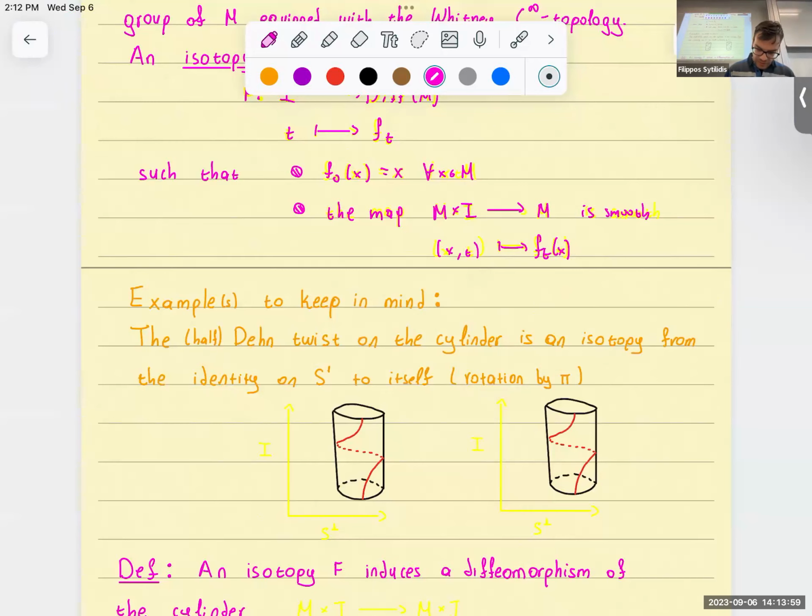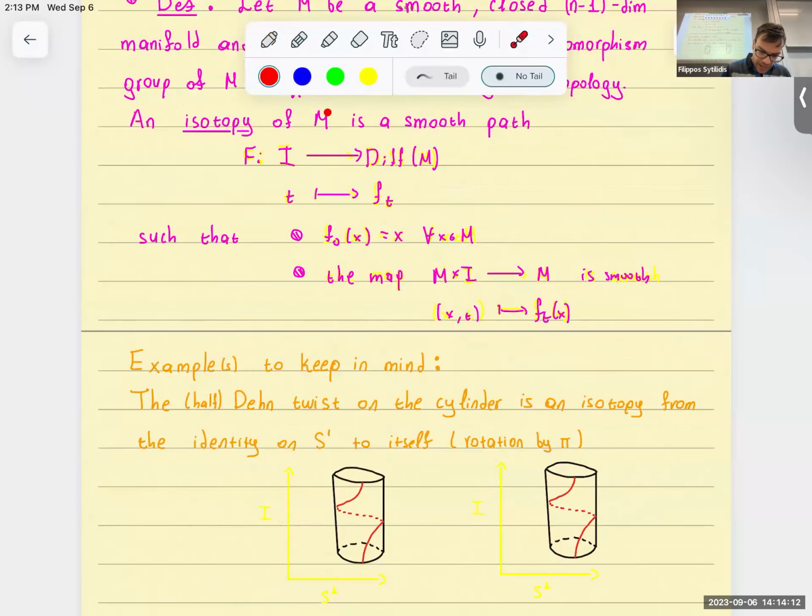It's not entirely obvious what this picture represents, but my manifold M in this picture is the circle. So this direction is the direction of M. This direction is the direction of I.